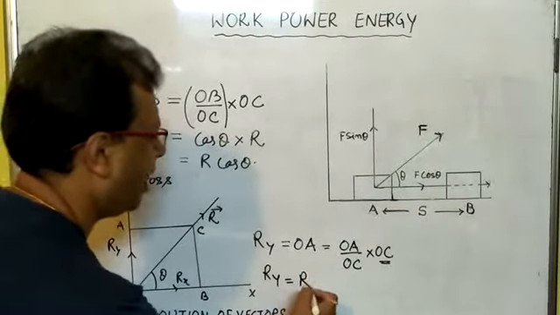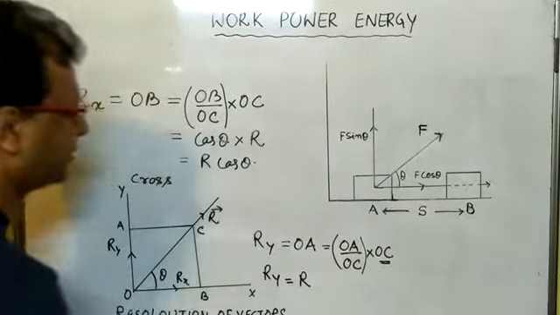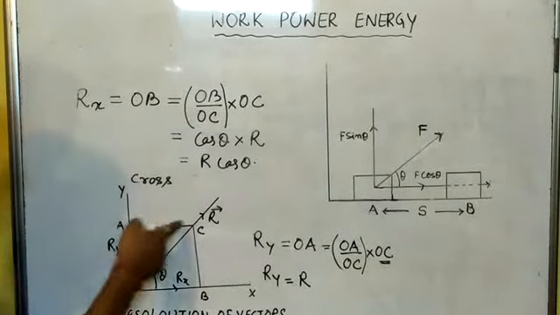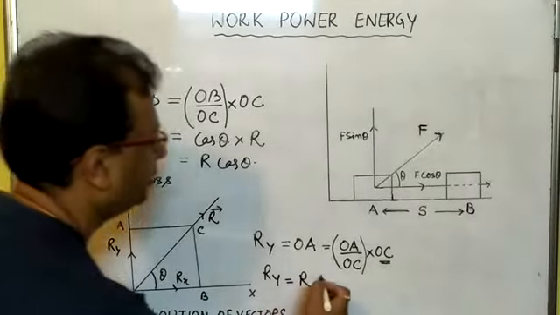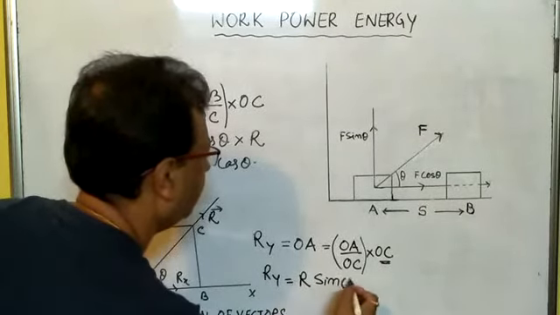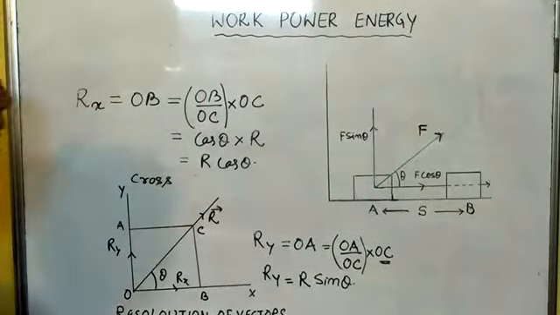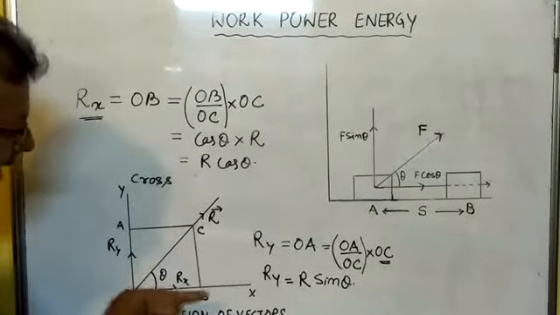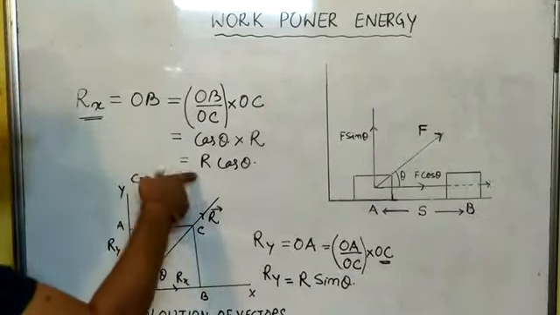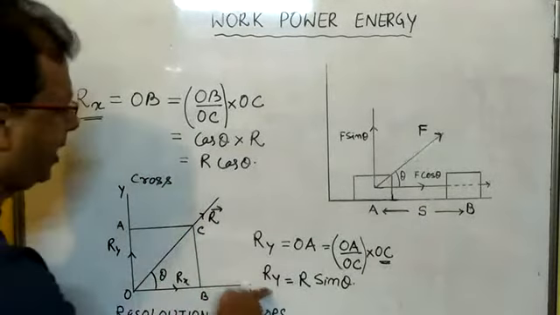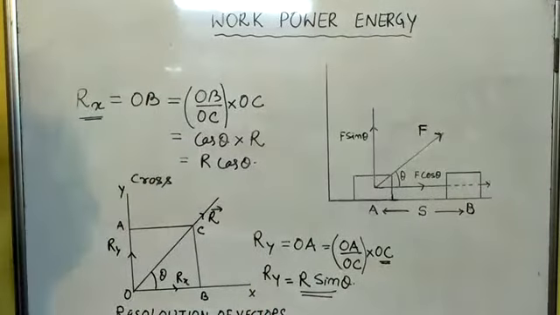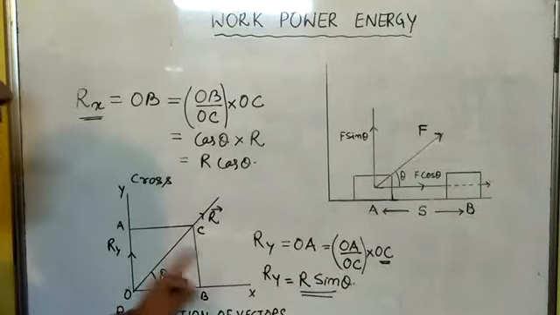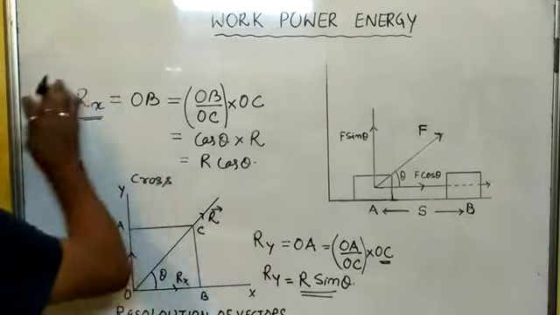OC is your R, and OA by OC, remember, OC is the hypotenuse, is equal to sin theta. So Rx along the x-axis is R cos theta, and Ry along the y-axis is equal to R sin theta. These two things we must know. So this is all about resolution of vectors.